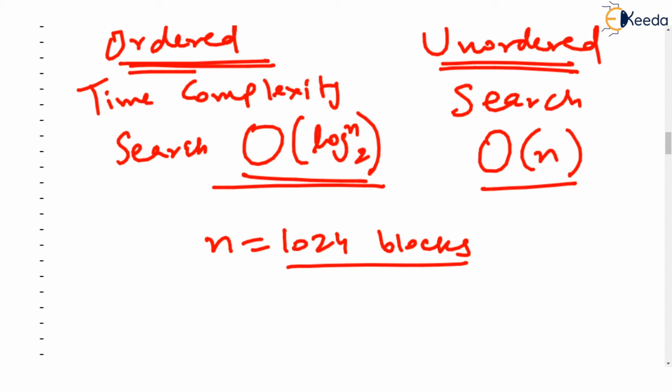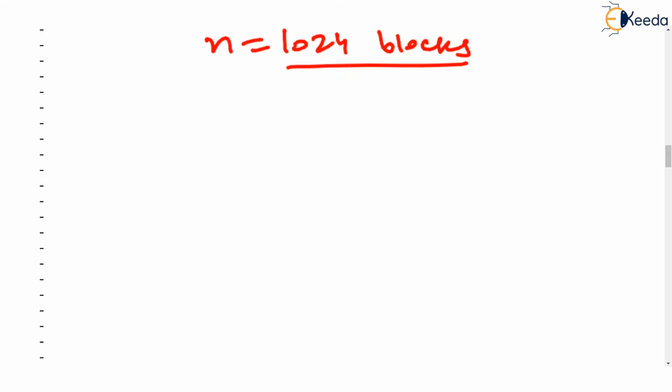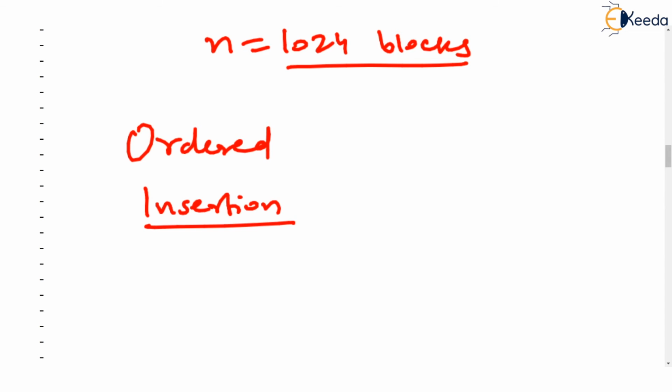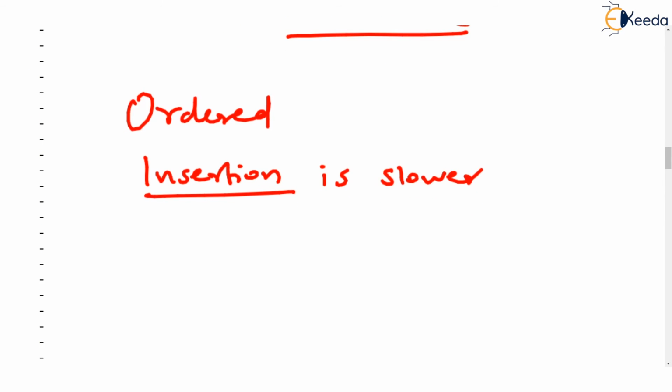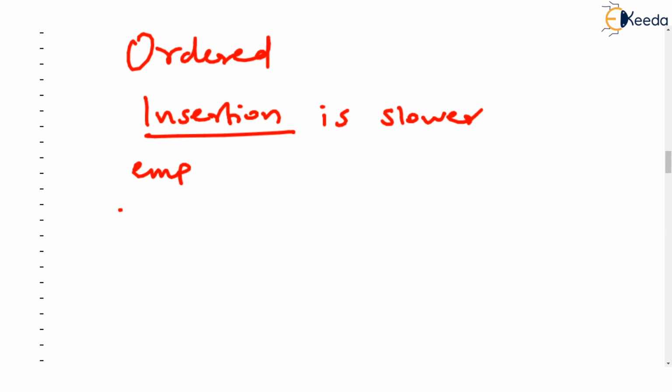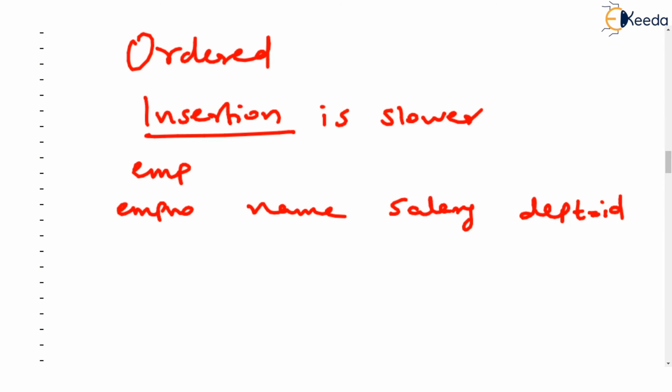But then there comes a disadvantage whenever there is an advantage. The disadvantage is that for the ordered file, insertion becomes slower. Why? Just imagine again that we have that employee table with emp number, name, salary, and department ID. And we have employees right now as 1, 5, 9, 10.